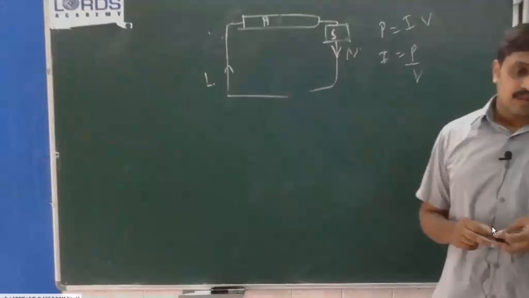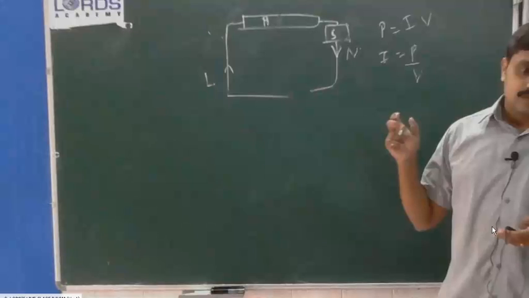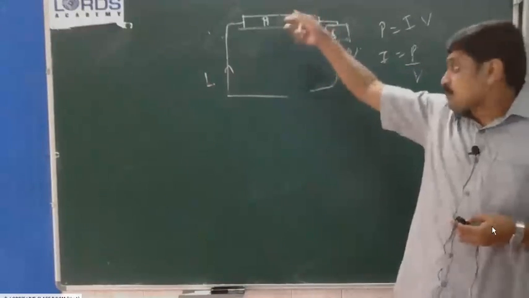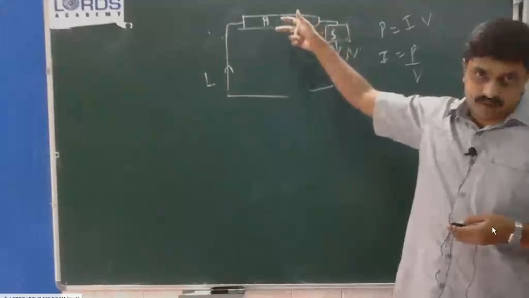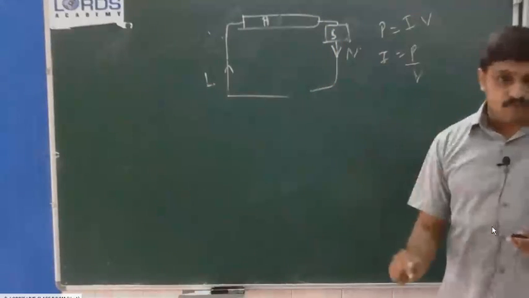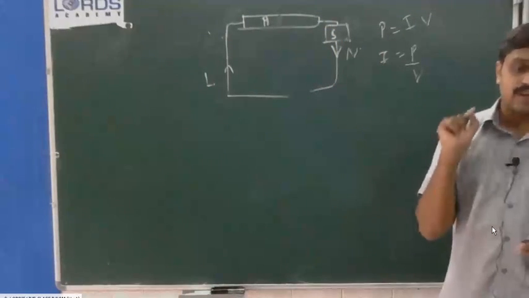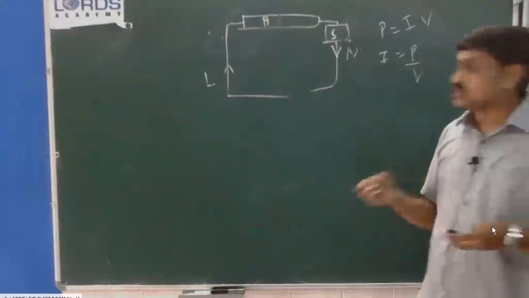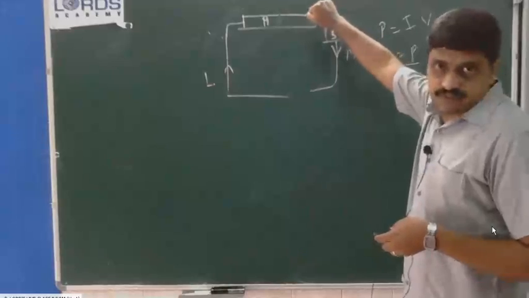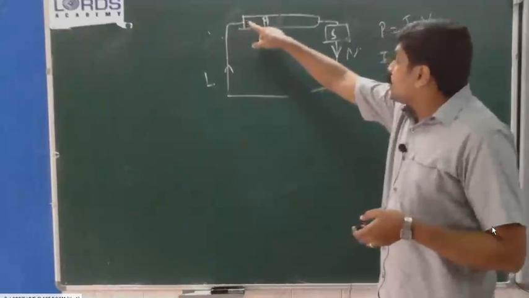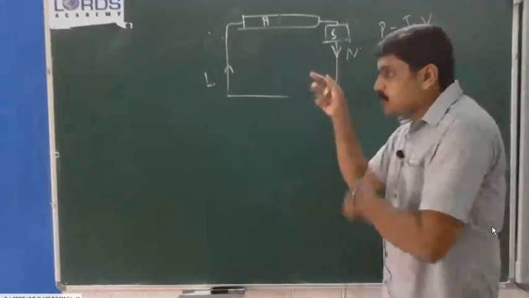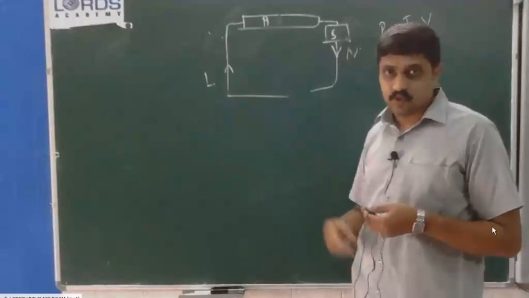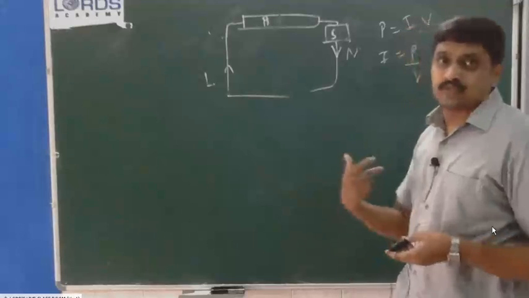So what happens when someone is touching or handling the appliance? Even after switching off, there is a possibility of getting shock. The current reaches here and passes through the appliance and through our body, the circuit gets completed, so current is passing through our body, which means we get shock.